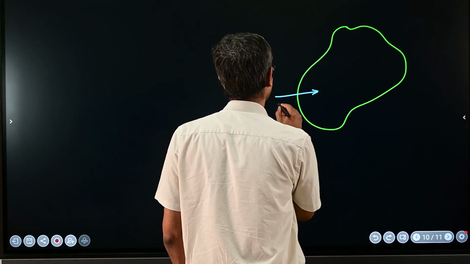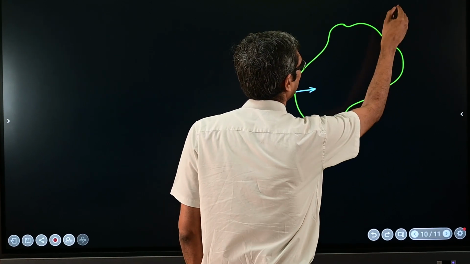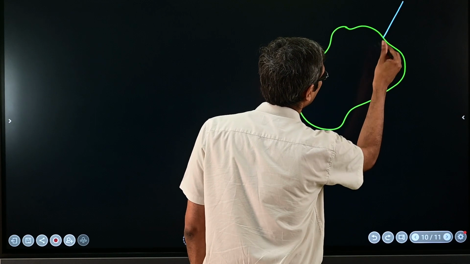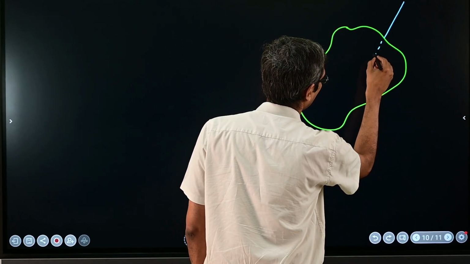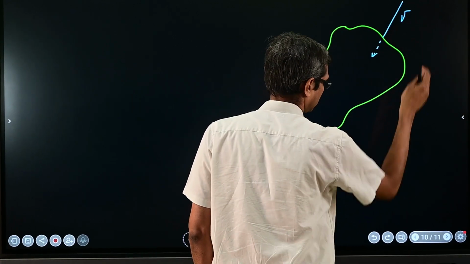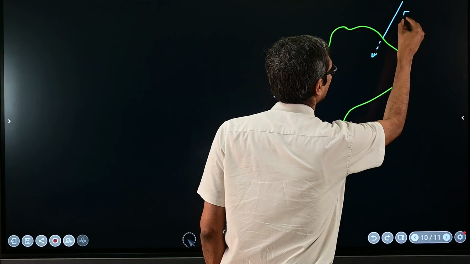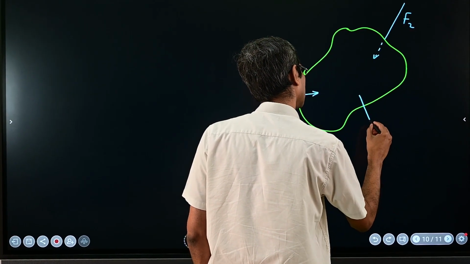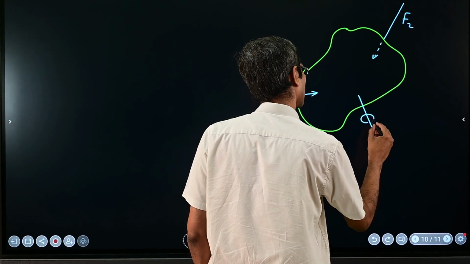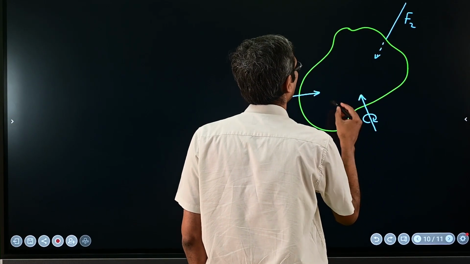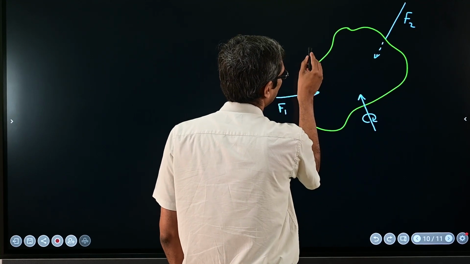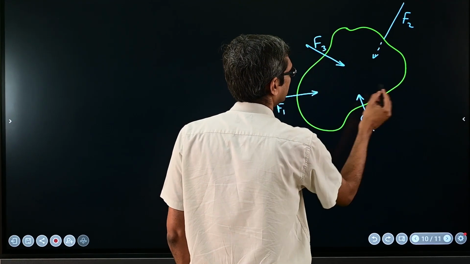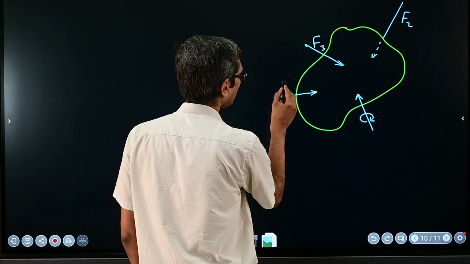So this is, say, a force F1, and say this is a force coming from behind, F2, and maybe this is a moment, and like that. Some other force may be coming like that, F3, whatever.